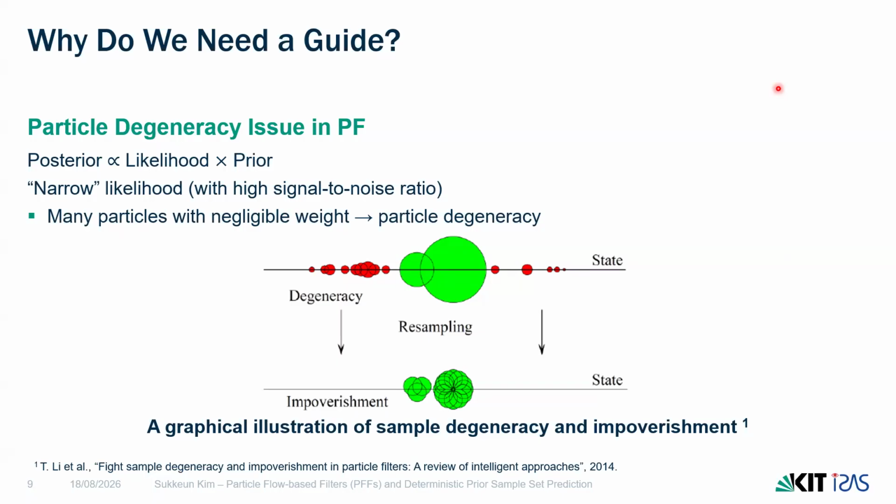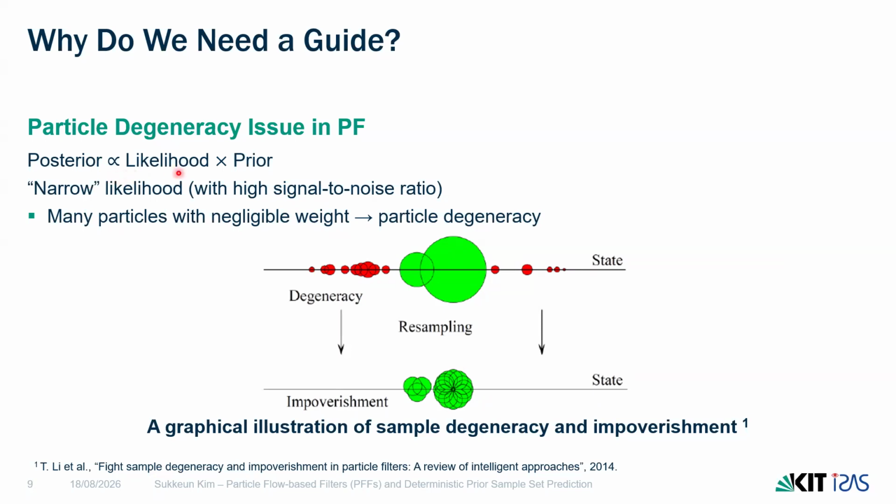And then why do we need these particle flow-based filters? If you are already familiar with particle filters, these are the obvious limitations of the particle filters. The Bayesian theorem can be written as the posterior is proportional to the likelihood times the prior.